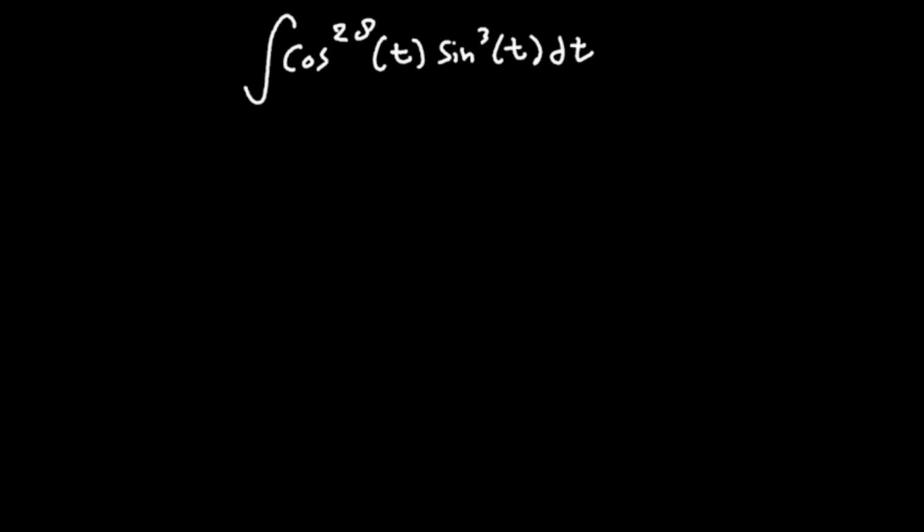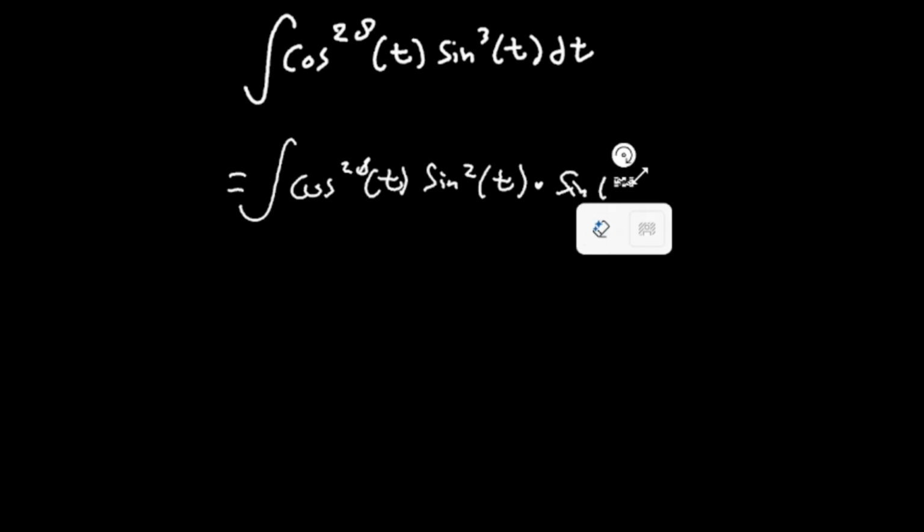So for this problem, we have cosine to the 28 of t, and then we're going to set aside a sine of t. So this will become sine squared of t times sine t dt.